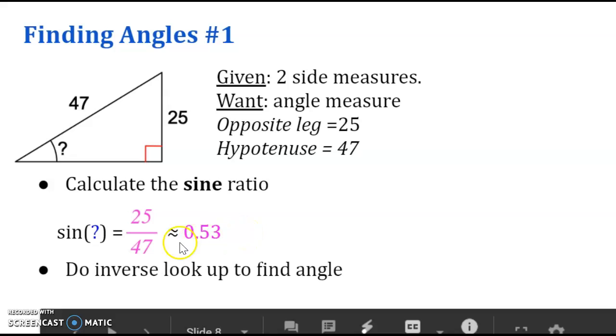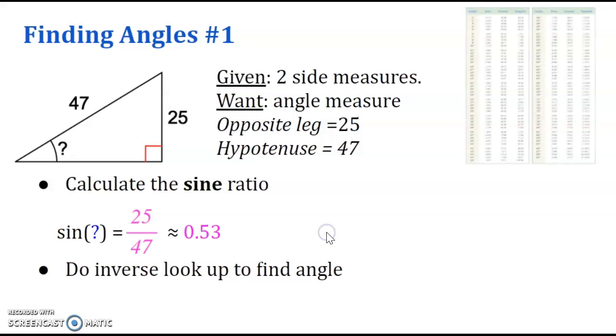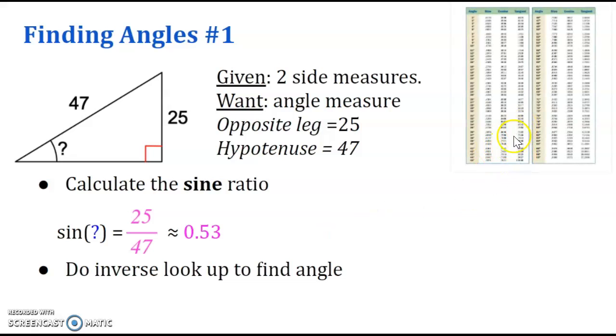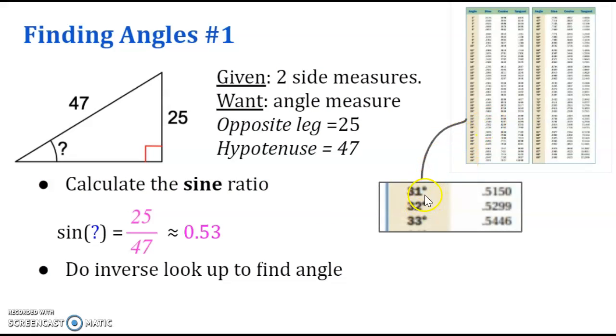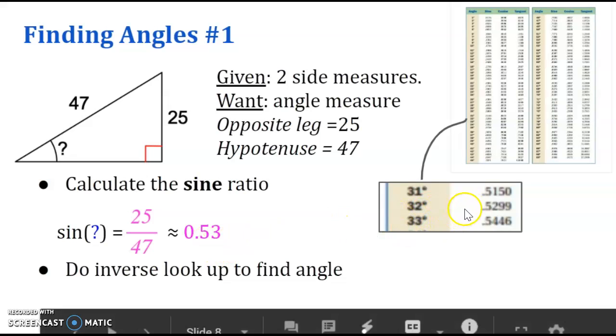Then what I need to do is an inverse lookup to find the angle. So I can look up the trig table that you have that looks like this. And if I look more closely, for sine, that's the first column, 0.5299 is very close to 0.53, and that is for the angle of 32 degrees.